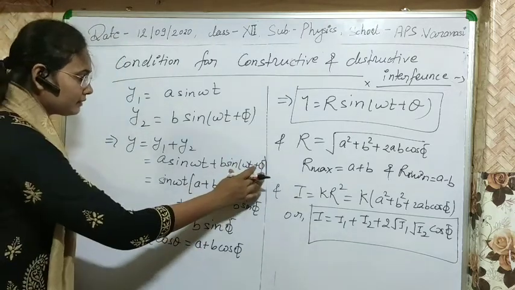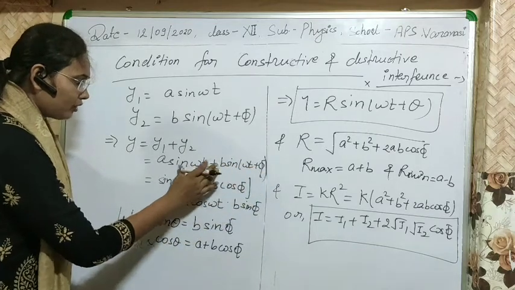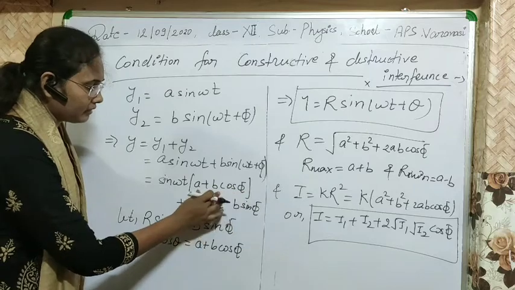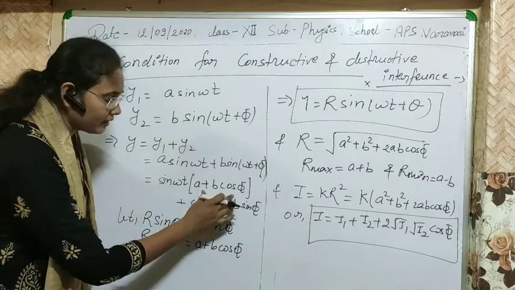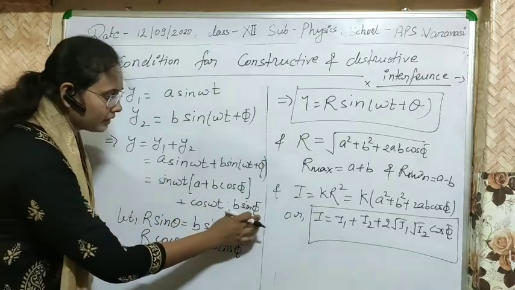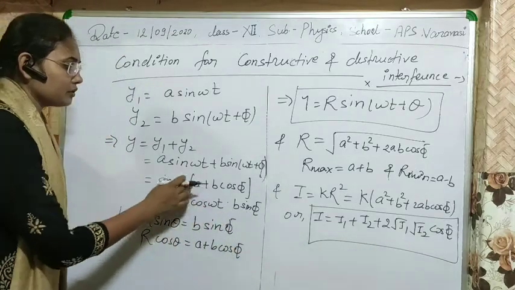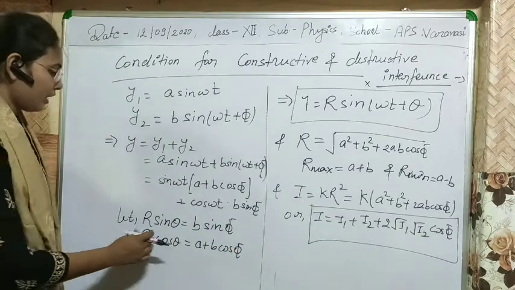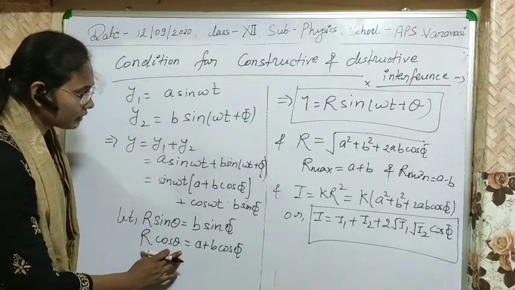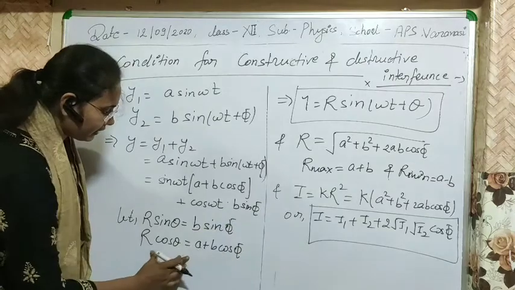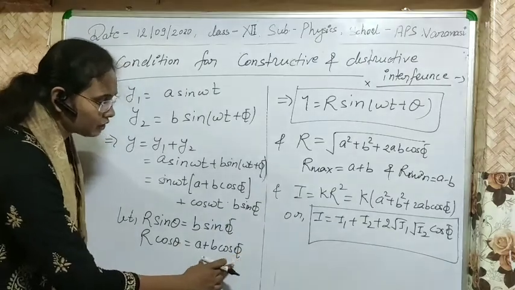Then take sin omega t common and put everything in brackets: that will be (a + b cos phi) sin omega t plus cos omega t times b sin phi. Now let us introduce new quantities: r sin theta equals b sin phi, and r cos theta equals a plus b cos phi.